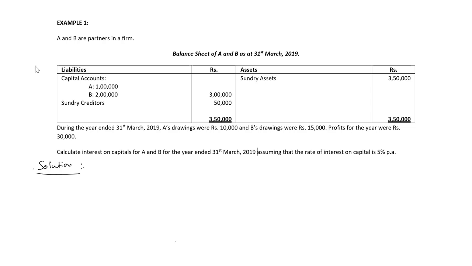Before we begin, we need to determine which capital method is being followed, whether the fixed capital method or the fluctuating capital method. There is no information given and there is no current account balance also. So we'll assume in this case that the fluctuating capital method is being followed.